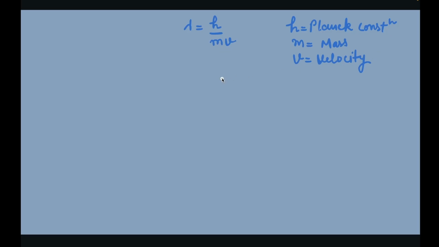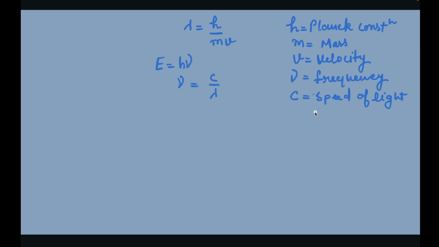For light, Einstein showed that E is equal to h nu, where nu is the frequency. As we know, nu is equal to c upon lambda, where c is the speed of light, which is 3 into 10 to the power 8 meter per second.